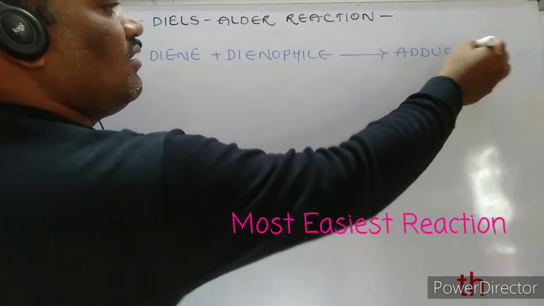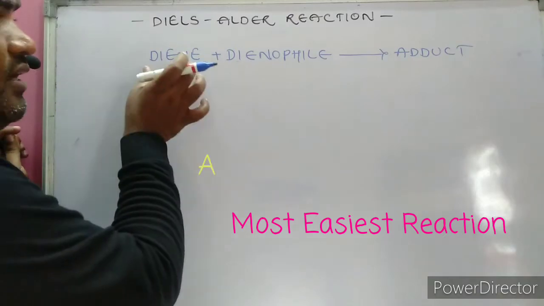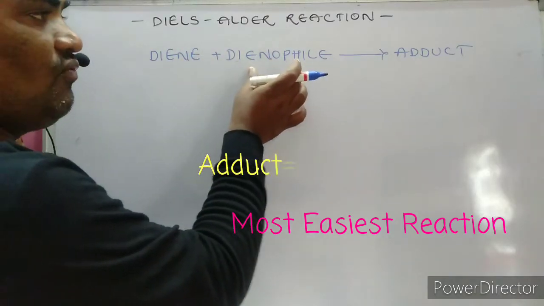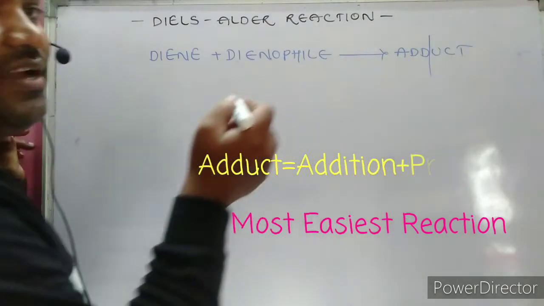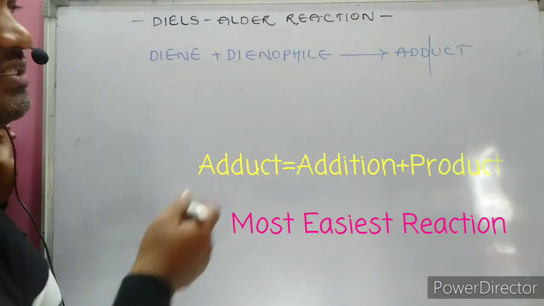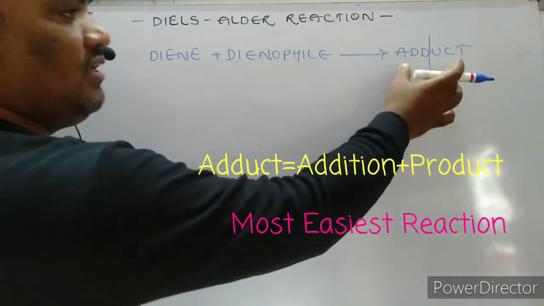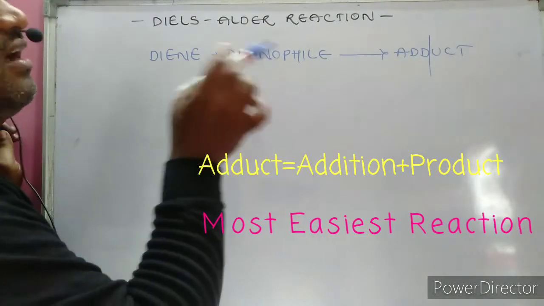What do we call that? An adduct. Adduct means: ADD stands for addition, and UCT stands for product. The addition product we call an adduct.